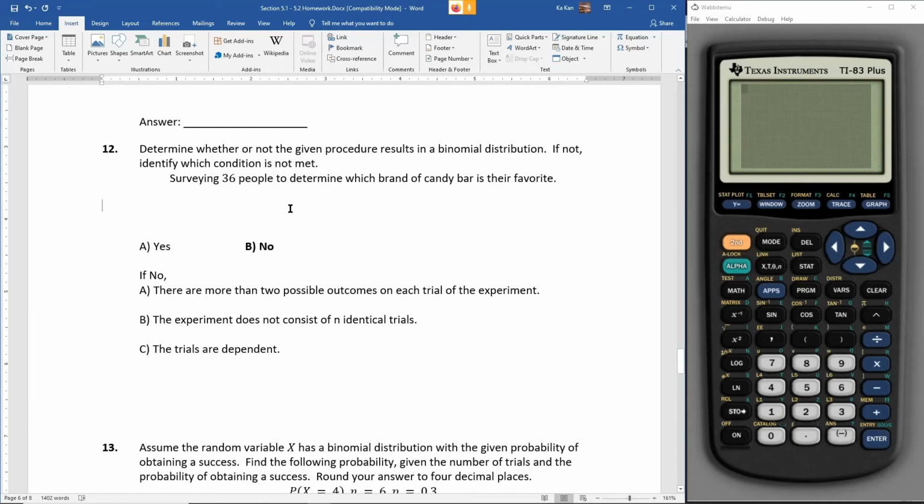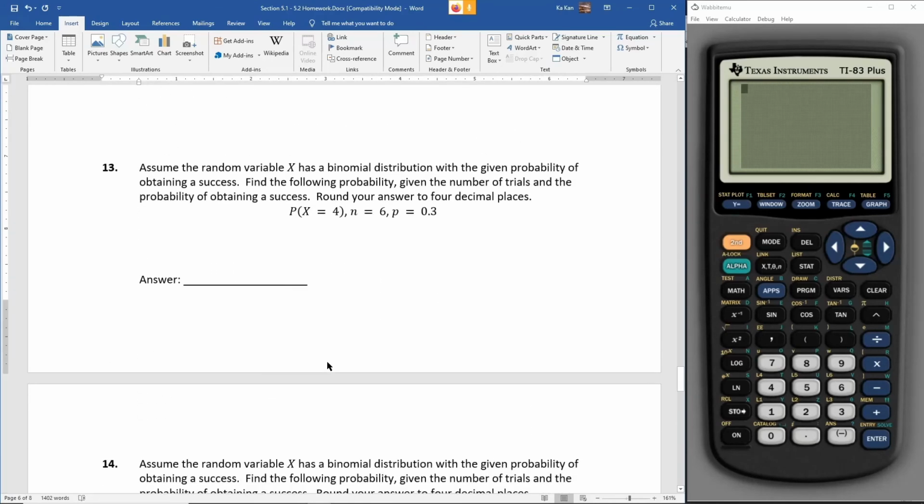Because we are not asking whether or not they like a candy bar, which is a pass or fail, success or failure. We are asking which brand is their favorite. You can have multiple choices, right? You can have Hershey, Kit Kat or whatever. There's a whole bunch of different candy bars around. So the answer is no, because there are more than two outcomes.